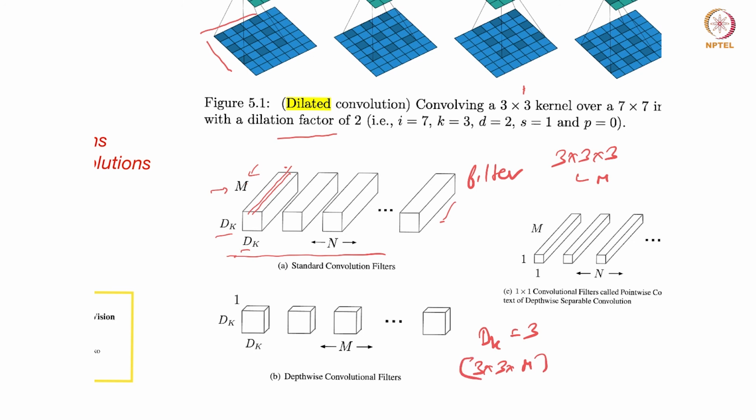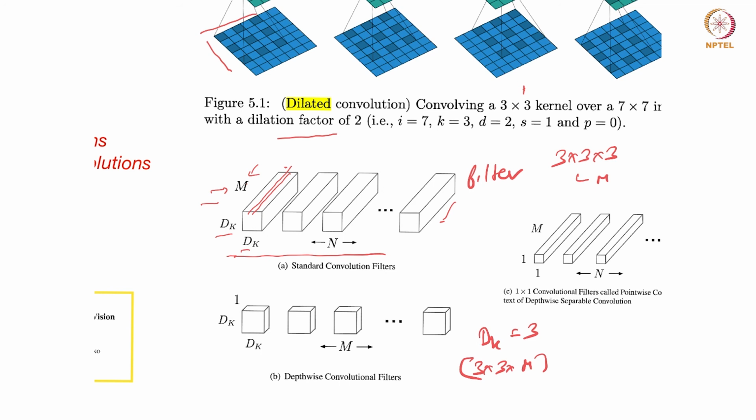So that's what happens in a standard convolutional neural network: your filter has a depth equal to the number of channels in your input. Like I said, with an RGB image as input, your filter has a channel dimension of 3. Similarly, with m channels, your filter has size 3 cross 3 cross m, which means the number of computations increases, right?